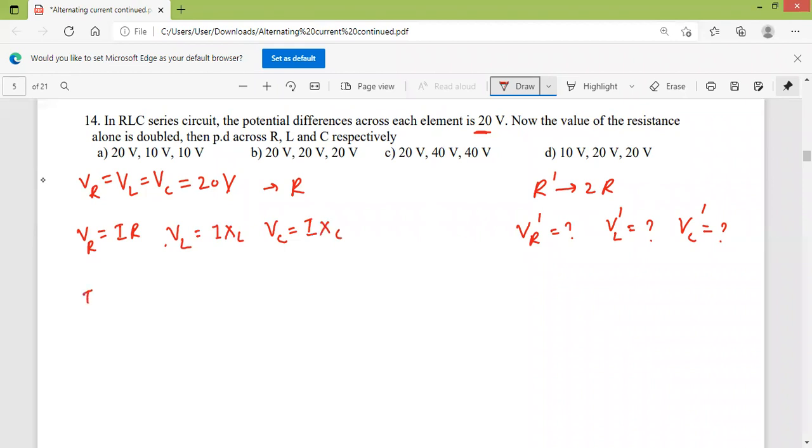Now calculate the current. Current I = V by Z. But they have mentioned that VL is equal to VC, so this is very important.